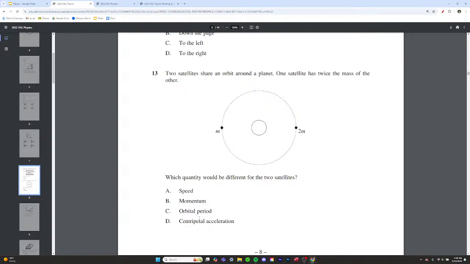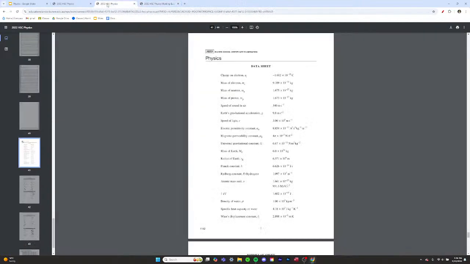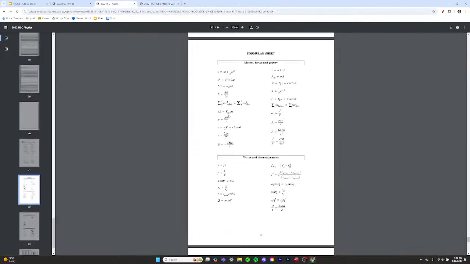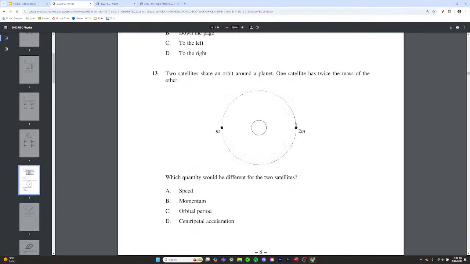One satellite has twice the mass of the other. Which quantity would be different for the two satellites? Well, centripetal acceleration is v squared on r, so it can't be that because they have the same velocity.